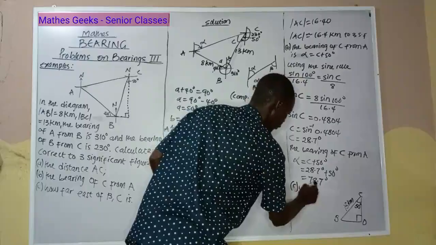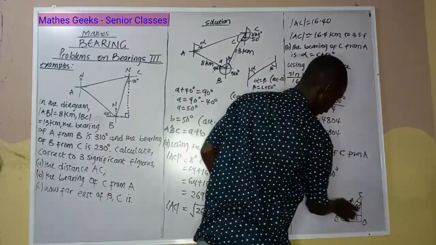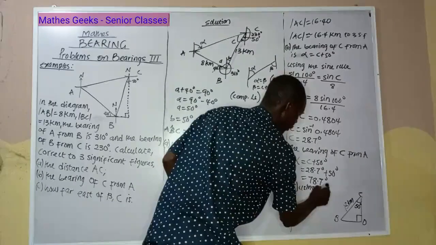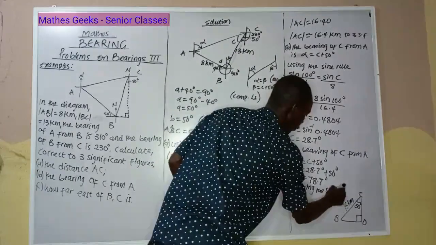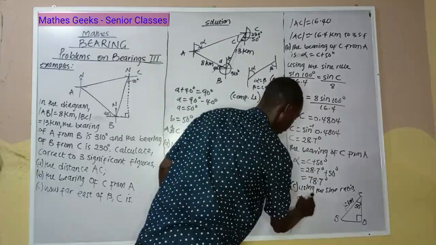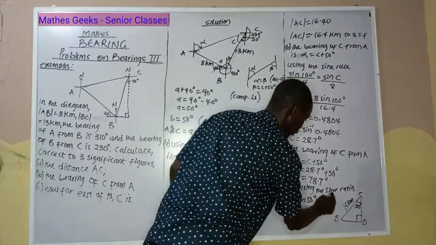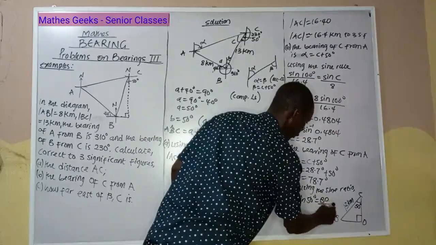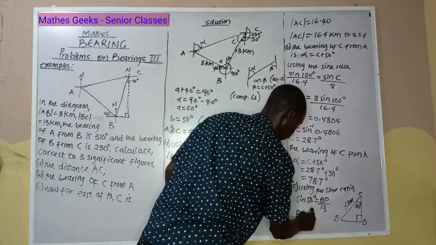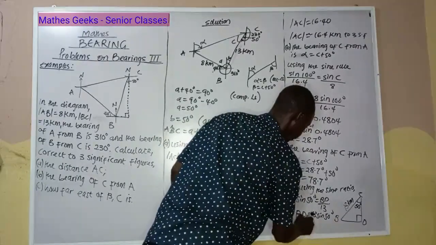Using this, opposite over hypotenuse, the sine ratio: sine 50 degrees is equal to BD over 13, and then BD is equal to 13 sine 50 degrees.